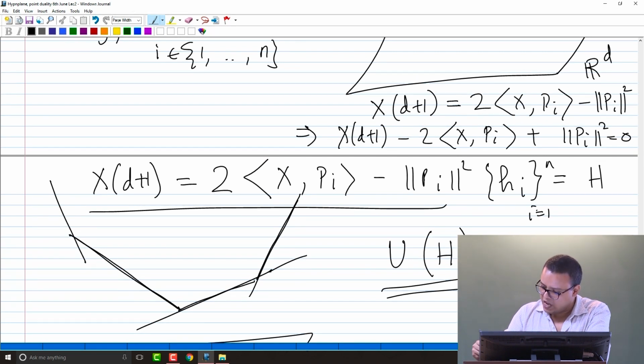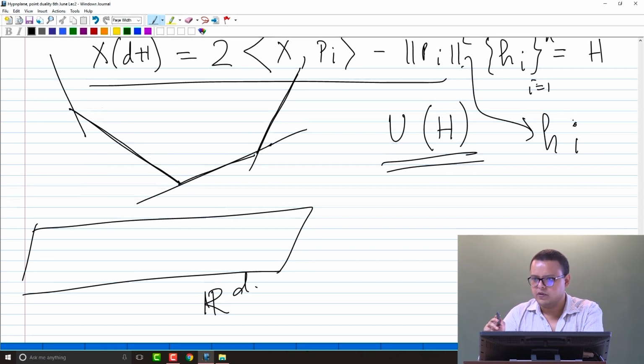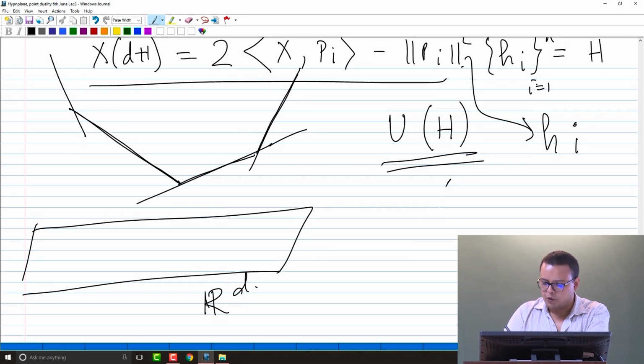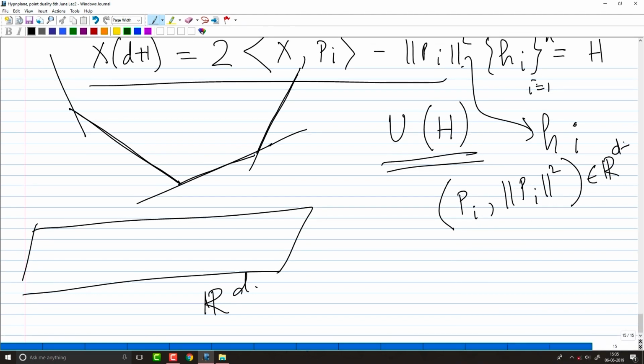Let us look at these hyperplanes slightly more closely. What kind of hyperplanes are we looking at here? This hyperplane Hi passes through the point (pi, norm of pi squared), which belongs to R^(d+1). Can you see this point belongs to Hi?